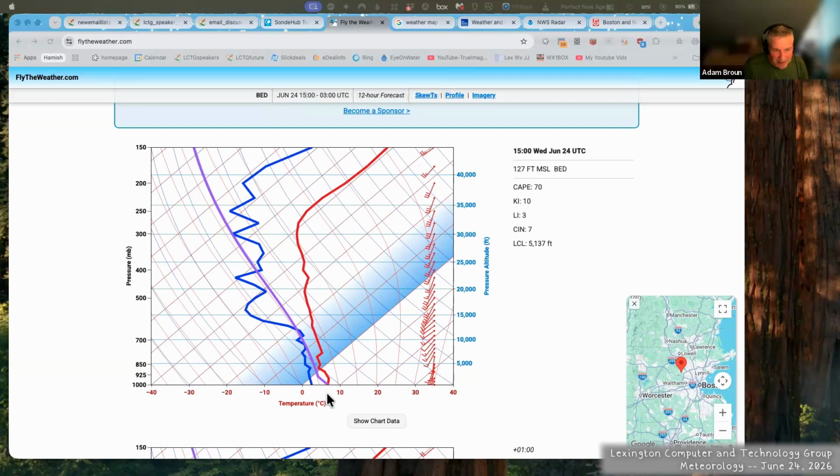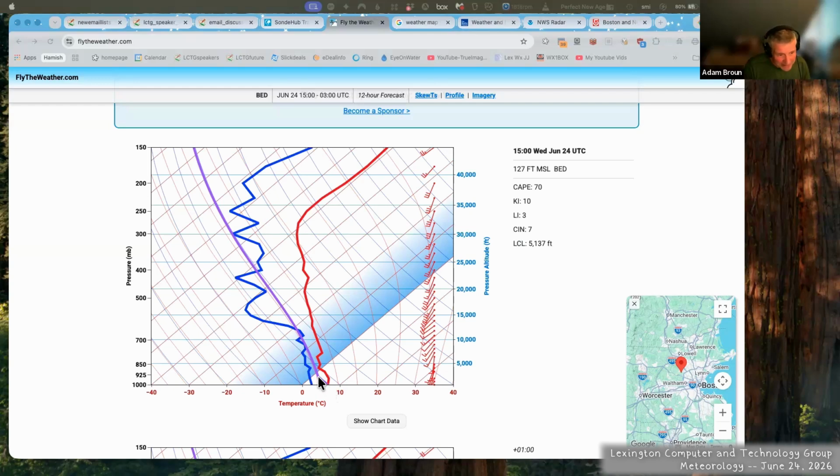So the purple line is the path of a lifted parcel of air right now. Okay. And so what it's showing me is if I were to lift a parcel of air right now, it's going to cool off. And if you look at that initial left-hand bit, that's the dry air being lifted.